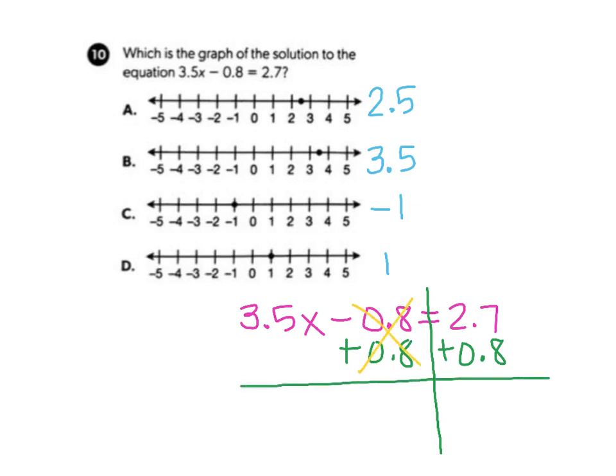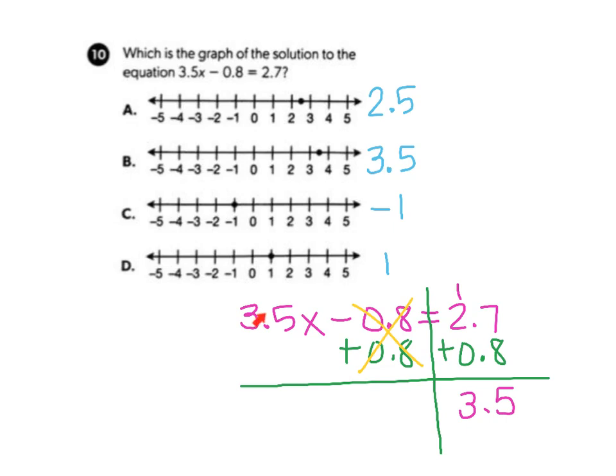These two cancel each other out. And then when I keep going, 2.7 plus 0.8. Whoops, that did not work good. Let me erase it. 7 plus 8 is 15, and 2 plus 1 is 3. So I have 3.5.